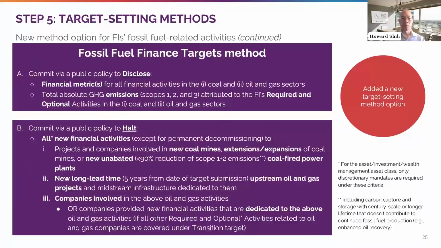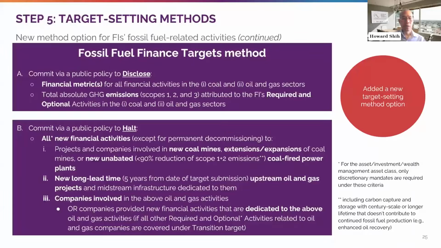Or for insurers, for example, it could be the underwriting premiums that are drawn from the fossil fuel sector. And then second metric to disclose would be emissions. So that would be scope 1, 2, and 3 emissions that are related to the FI's required and optional activities in the fossil fuel sector.